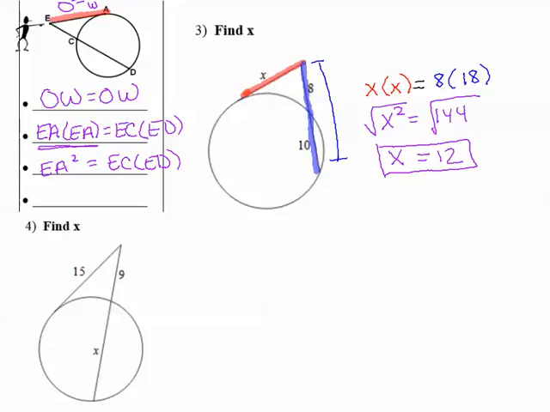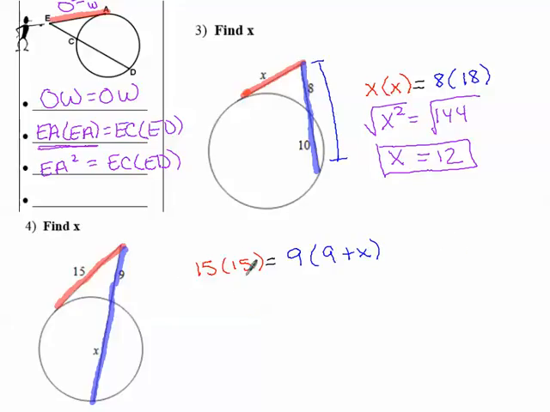Moving on to example 4. I have the part outside, the red segment, and the blue segment. And in the red segment, the part outside and the entire thing happen to be the same again. In the blue segment, I have a 9 and a 9 plus x.